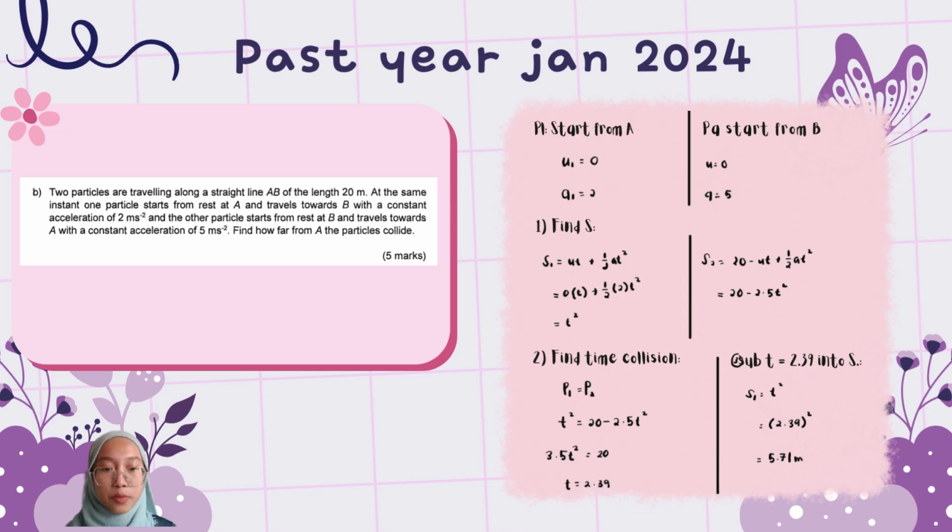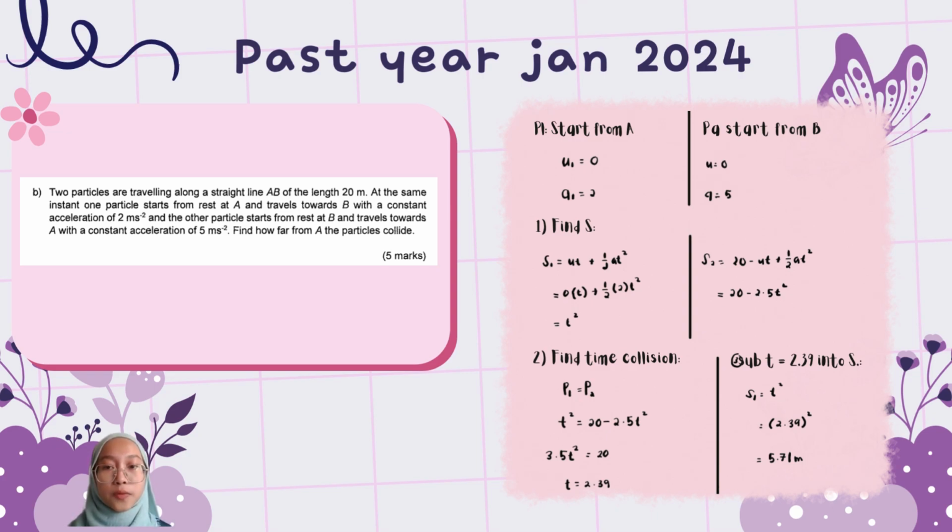So the second step, you need to find the time of collision. So how to find the time of collision? You just need to equate particle 1 to particle 2. Then substitute all the values of s, which is t squared equals 20 minus 2.5 t squared. Then you will get the value of t, which is 2.39.